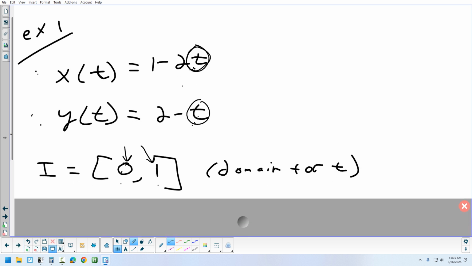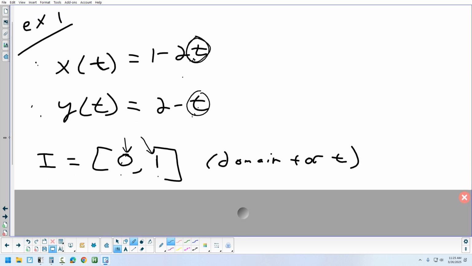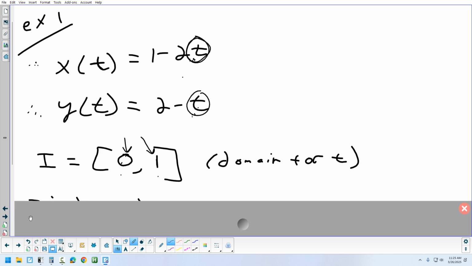All right, so let's try this one. So here is a pair of equations. They're called, again, parametric equations. The first one is 1 minus 2t, and the second one is 2 minus t. The first formula is how you generate your x values, and the second formula is how you generate your y values.